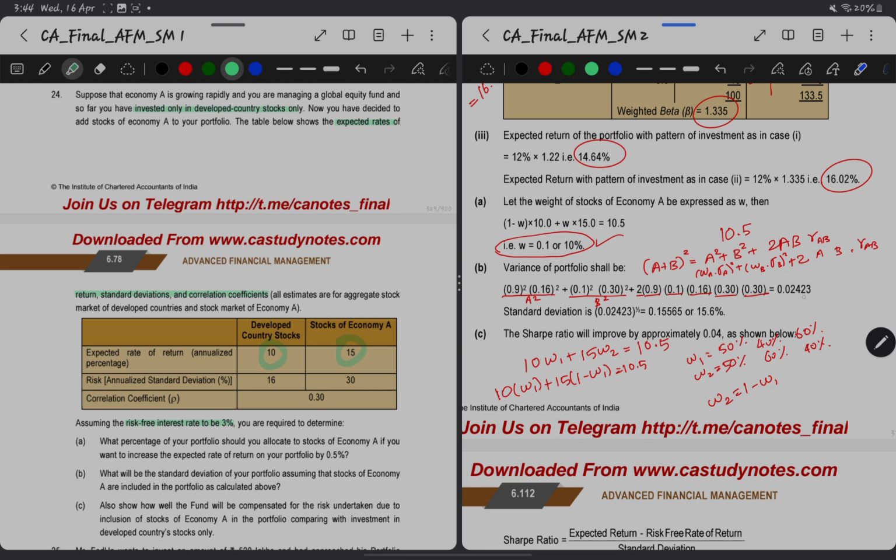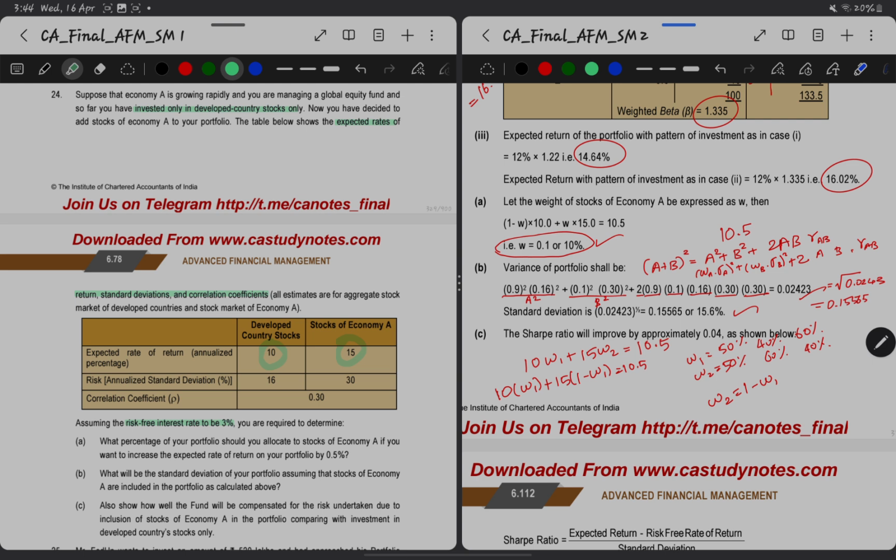So which will give us the variance of the portfolio, 0.02423, and if we take the root of 0.0243, it will give us the standard deviation, which is nothing but 0.15565 or 15.6%.